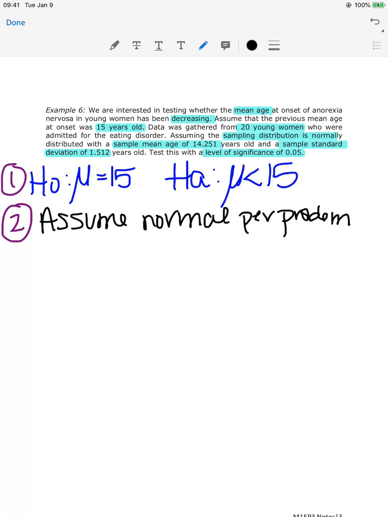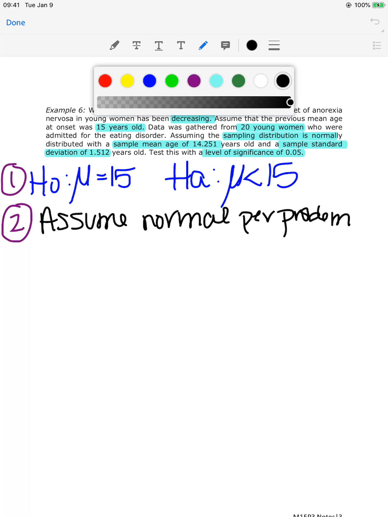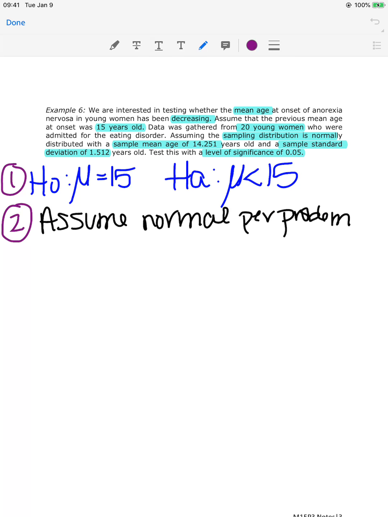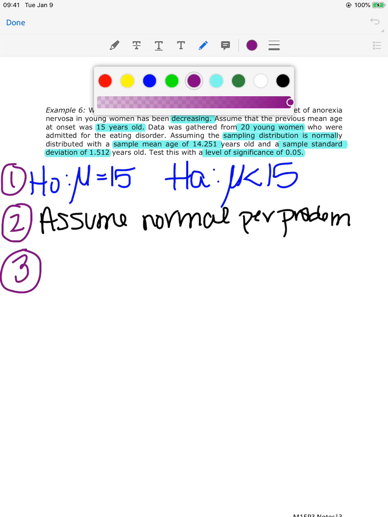In order for it to be normal, we have to have at least 30 women, or we have to be told that it's normal. In this case, we were told that it was normal. So we can go ahead and move on to our test statistic.